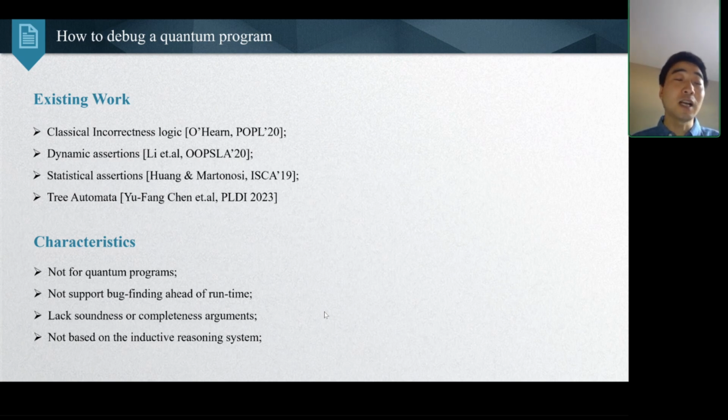So the first is classical, but for the second, it does not. It is testing, and for the statistic version, the 19 paper, it's not. We did not find a soundness or completeness argument. And for the automata, we don't have a proof system. So for my expertise, we want to extend Peter O'Hearn's paper from classical incorrectness to quantum incorrectness.